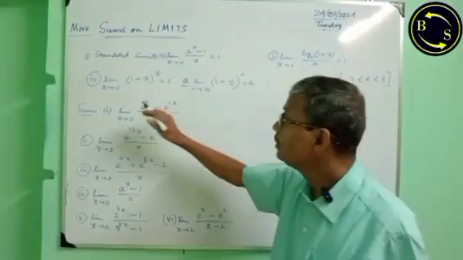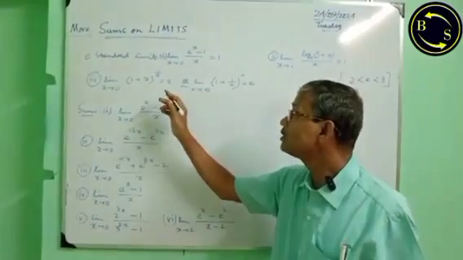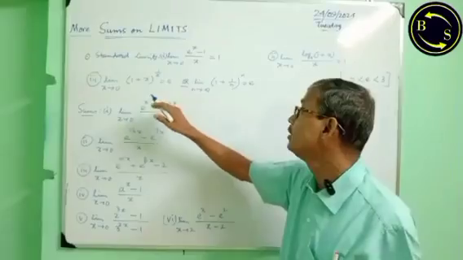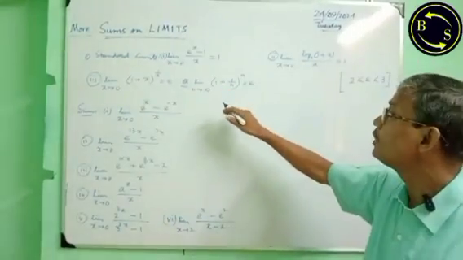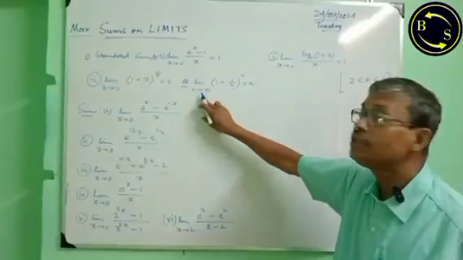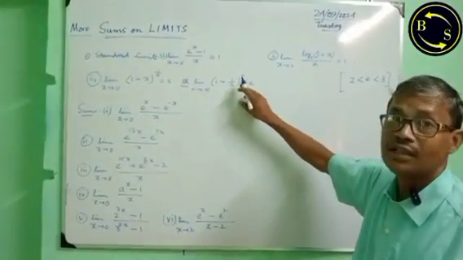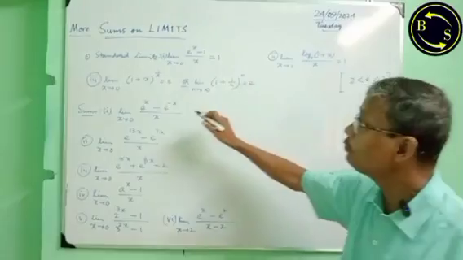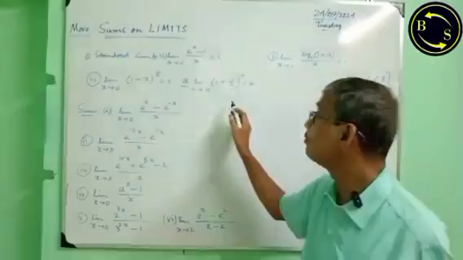And the last form is limit x tends to 0 1 plus x whole to the power 1 by x, value is e. Also its alternative form is limit n tends to infinity within brackets 1 plus 1 by n to the power n. Actually, if we put x equal to 1 by n, we get this form.